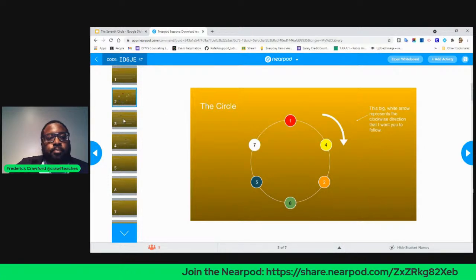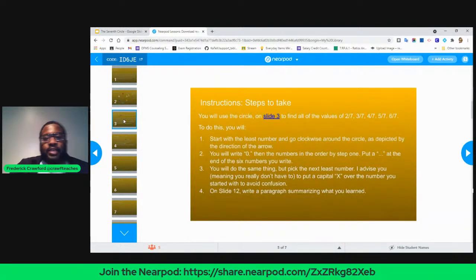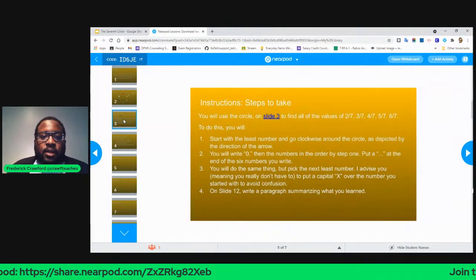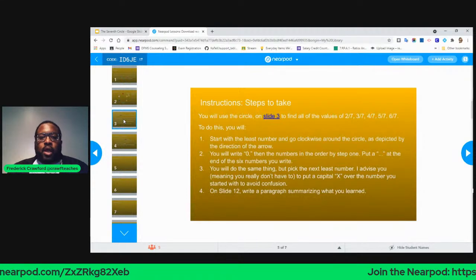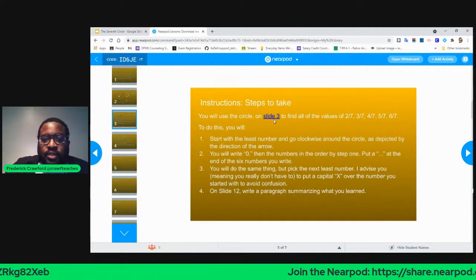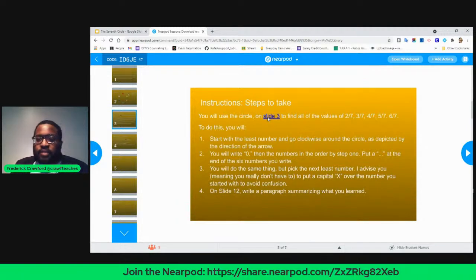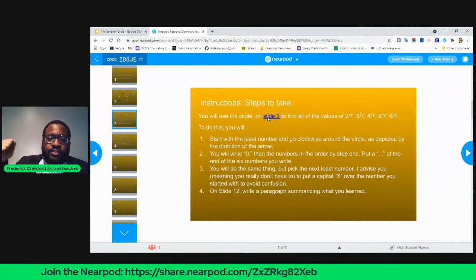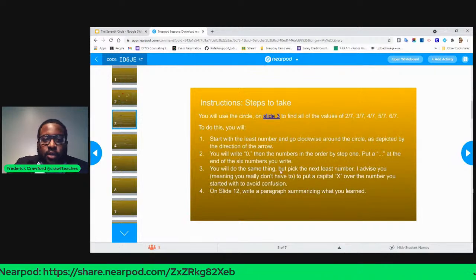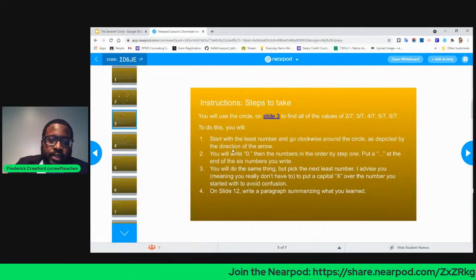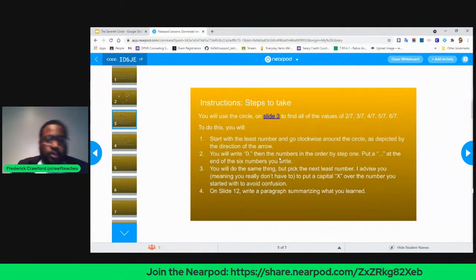So, people, I gave an example of the steps that you should take. I made it so you can click on slide 3 to find all of the values of 2/7, 3/7, 4/7, 5/7, 6/7. So to do this, we're going to start with the least number and go clockwise around the circle as depicted by the direction of the arrow.